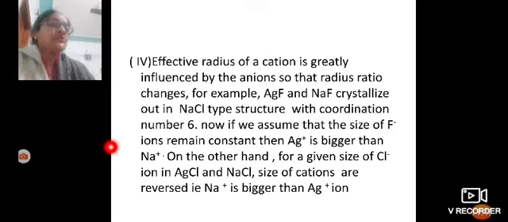Now, if we assume that the size of fluoride ions remains constant, then Ag+ is bigger than Na+. On the other hand, for a given size of chloride ion in silver chloride and sodium chloride, the sizes of cations are reversed. For example, Na+ is bigger than Ag+.